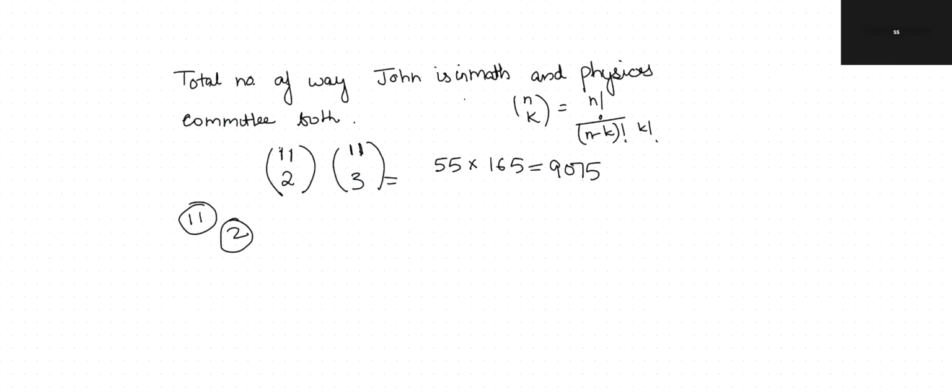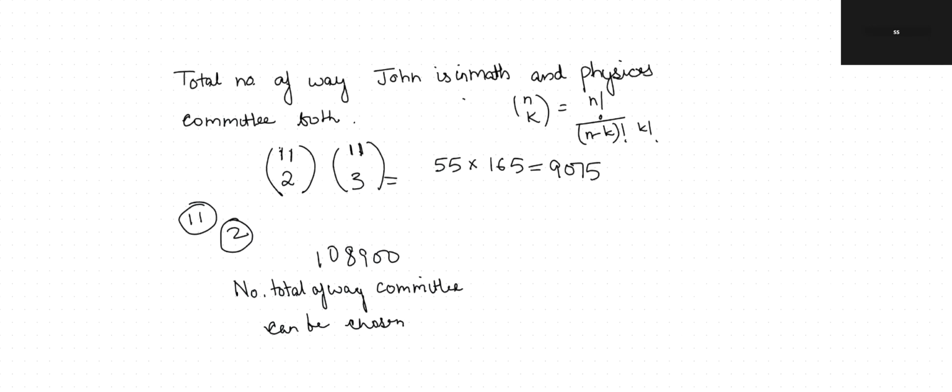The total number of ways the committees could be chosen with no restriction was 108900, and this is the total number of ways when John is in both the committees.